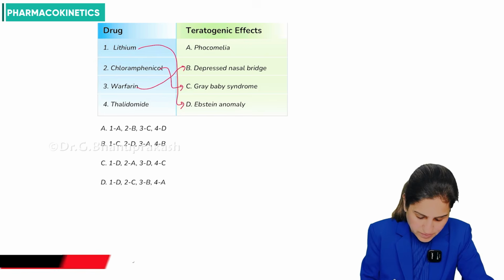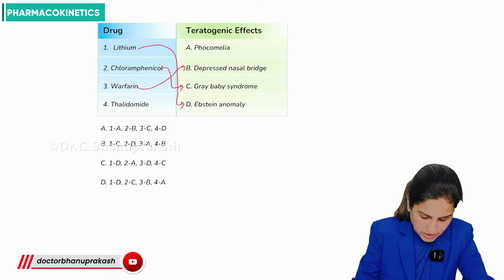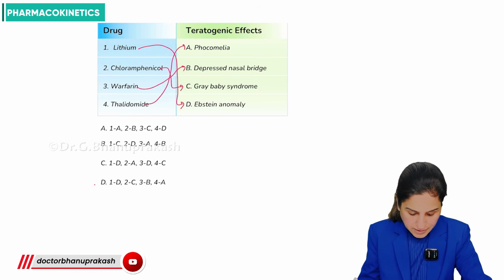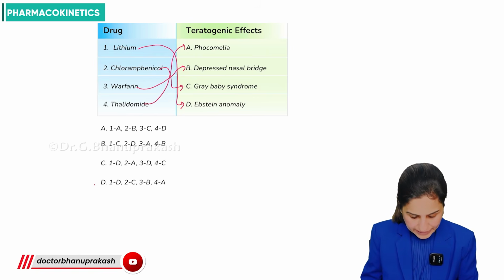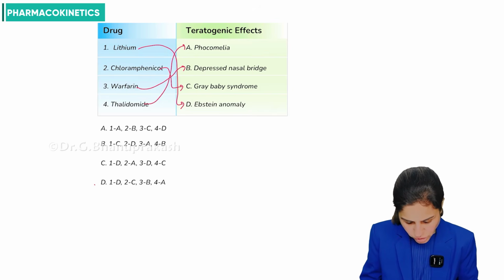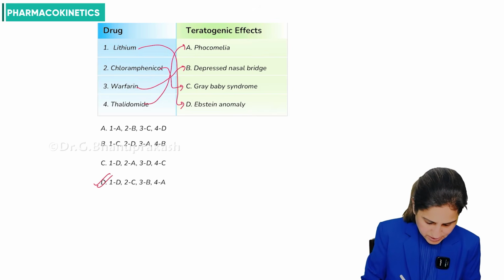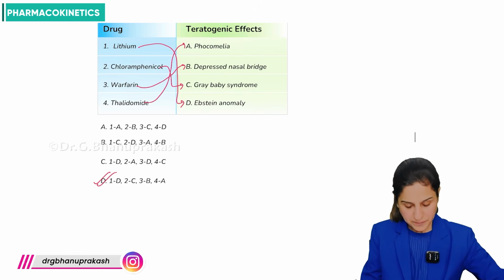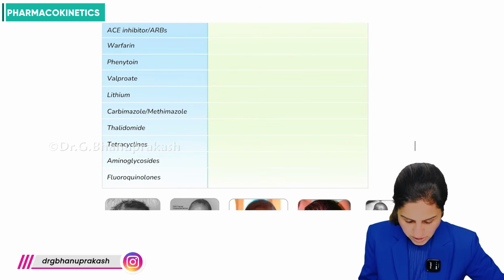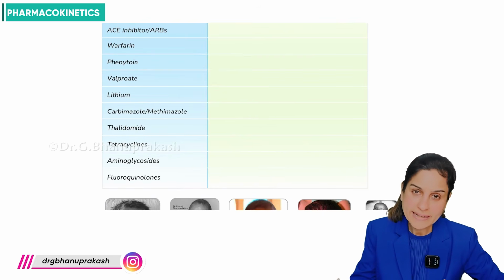Warfarin causes depressed nasal bridge. Thalidomide causes phocomelia. So what is the correct answer here? 1D. So let's see, 1D, we have C and D as the options. 2 should be C. So this would be the answer: 2C, 3B, 4A.